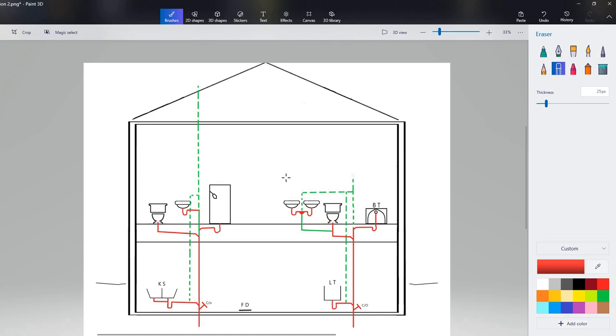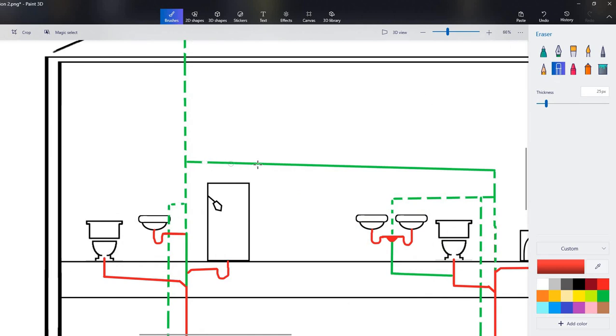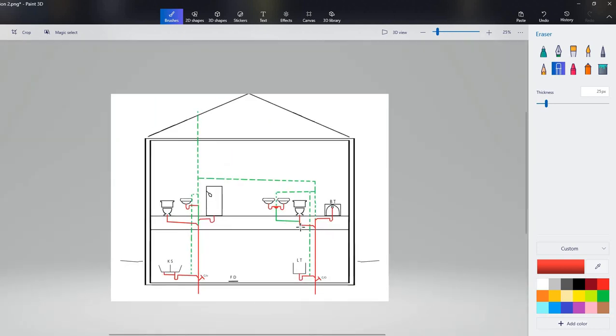So let's connect our other stack vent and create our header, because there's no reason to have another penetration that just causes leaks. So we're going to bring our stack vent all the way across to create a header. Remember, a header is where two stack vents meet, and then proceed to open air. Now these dashes are a little bit far apart, so let's break them up again, like so.